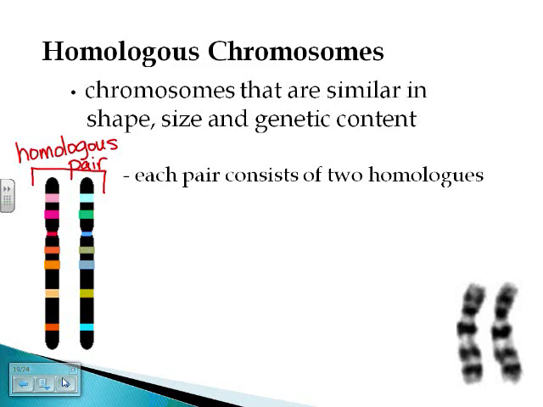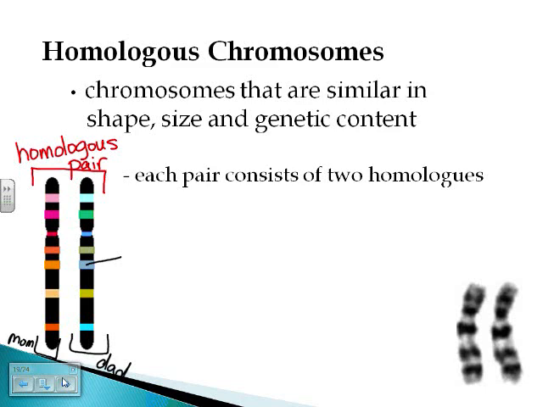By similar, what I mean is that perhaps that gene right there, this is going to be dad's chromosome, while this is going to be mom's chromosome. These are the two chromosomes. Let's say you're number one, so you got one from mom, one from dad.